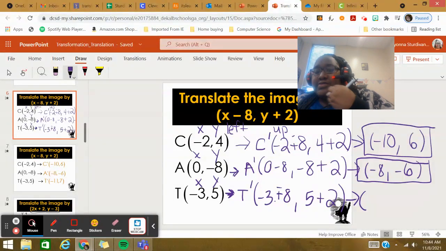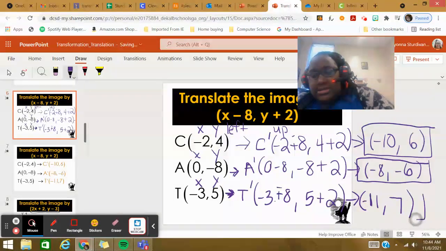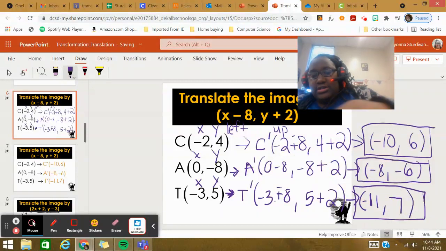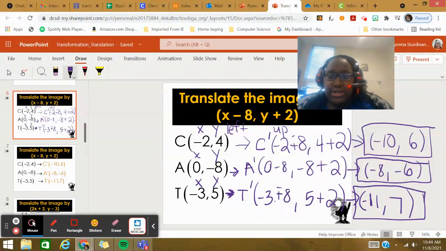So I'm adding 2 negative numbers. So -3 minus 8 is going to give me a -11. Okay. And then 5 plus 2 will give me a +7. So this is how you show your work algebraically when translating coordinates in the coordinate plane using a rule.